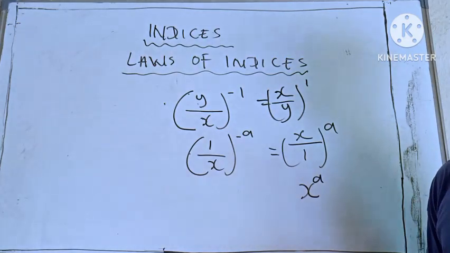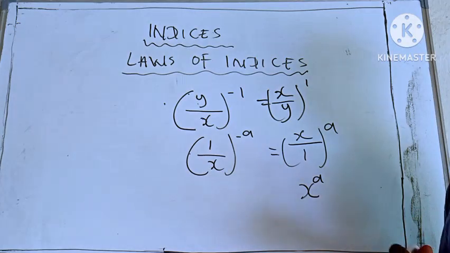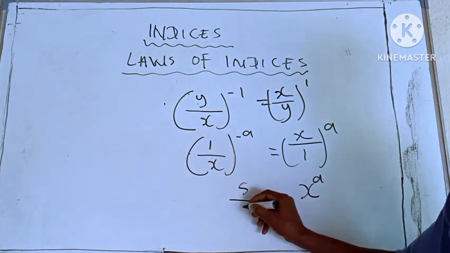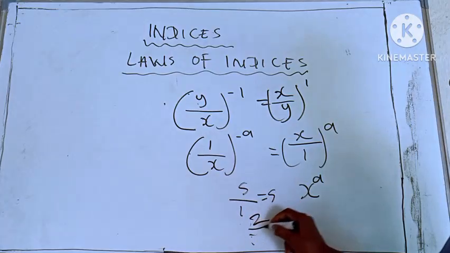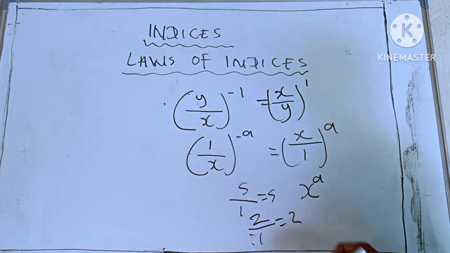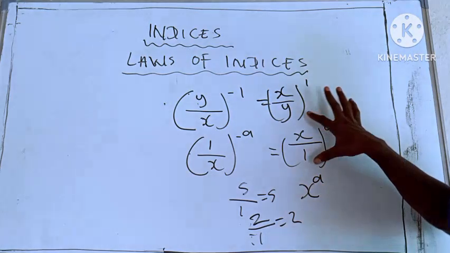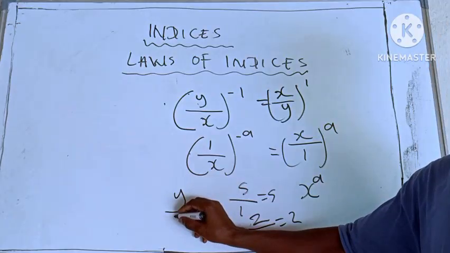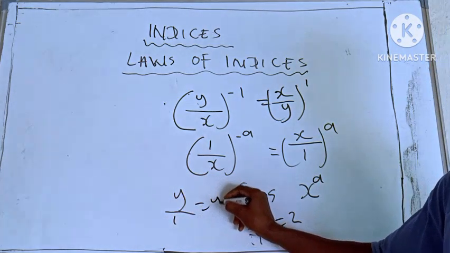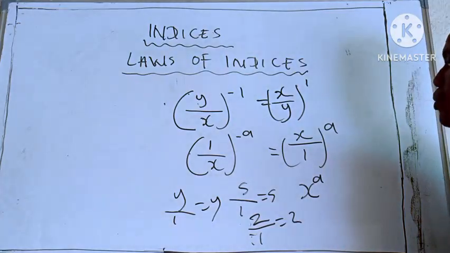Meaning that any number divided by 1, we still get that particular number. Let's say 5 divided by 1 is 5. 2 divided by 1 still gives you 2, isn't it? So this is the explanation. Or any alphabet y all over 1 still gives you y. So don't be confused.